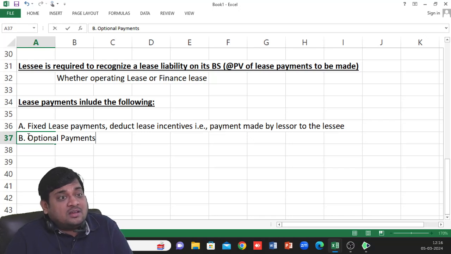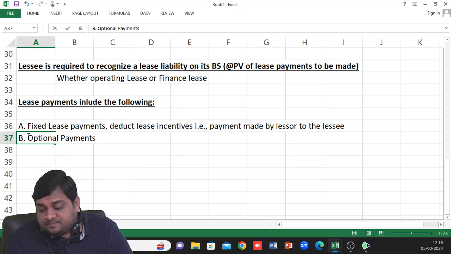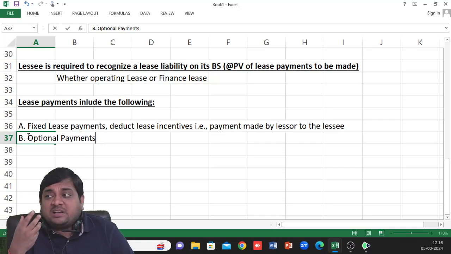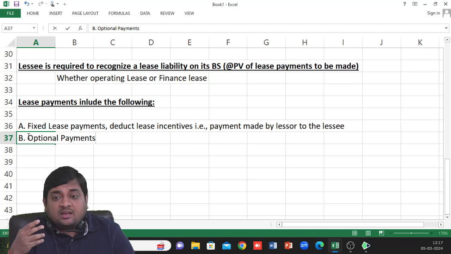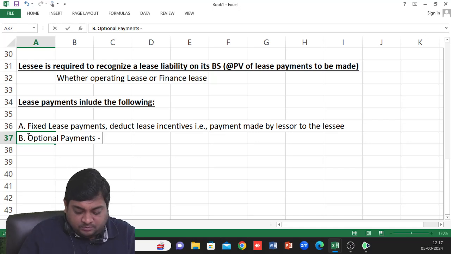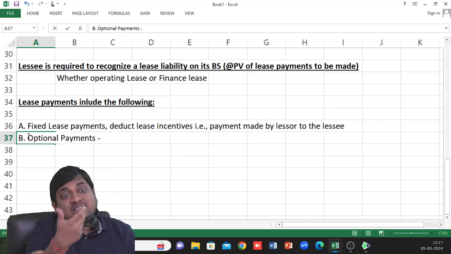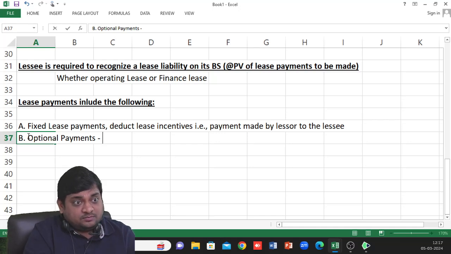Remember, if I extend the lease term and the lessee is reasonably certain to extend, sometimes they might give you a purchase option. Suppose the useful life is 5 years, and the lease term is 3 years, and I'm giving you some option to purchase after 3 years, and the lessee is reasonably certain to exercise that option, so that purchase price is also an optional payment, right?